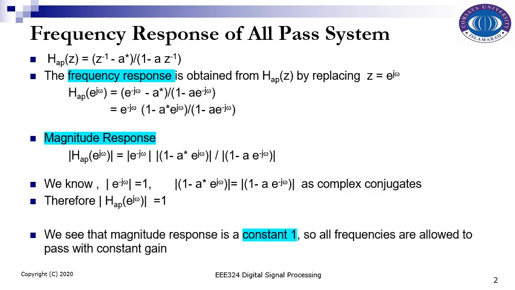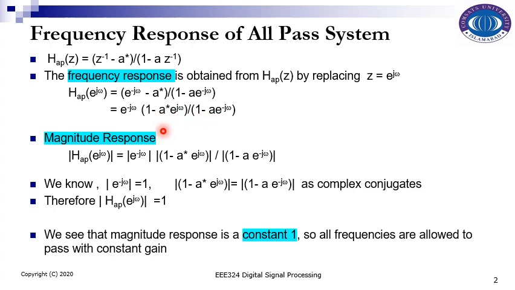So z inverse becomes e to the minus j omega, minus a star, and we have 1 minus a e to the minus j omega in the denominator. Then we can simplify this by taking out the e to the minus j omega term from the bracket, and we have our all-pass e to the j omega expression in this form.